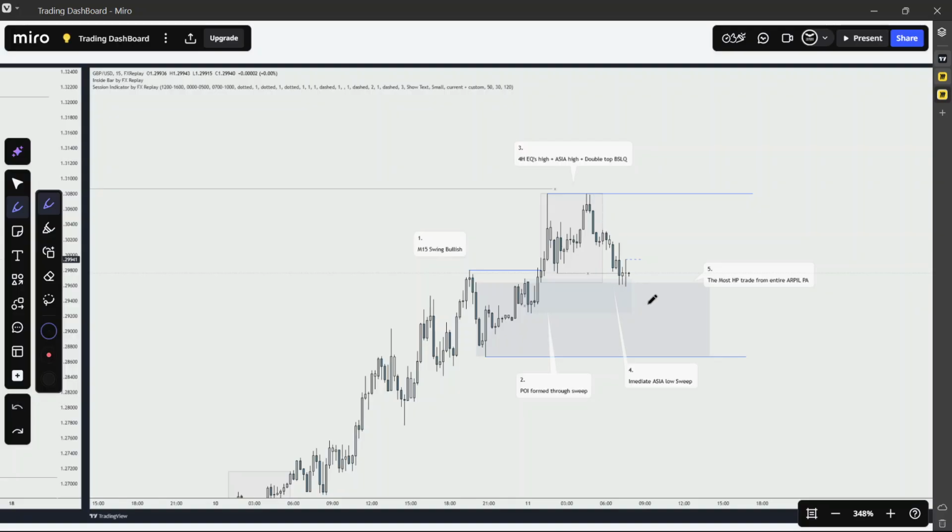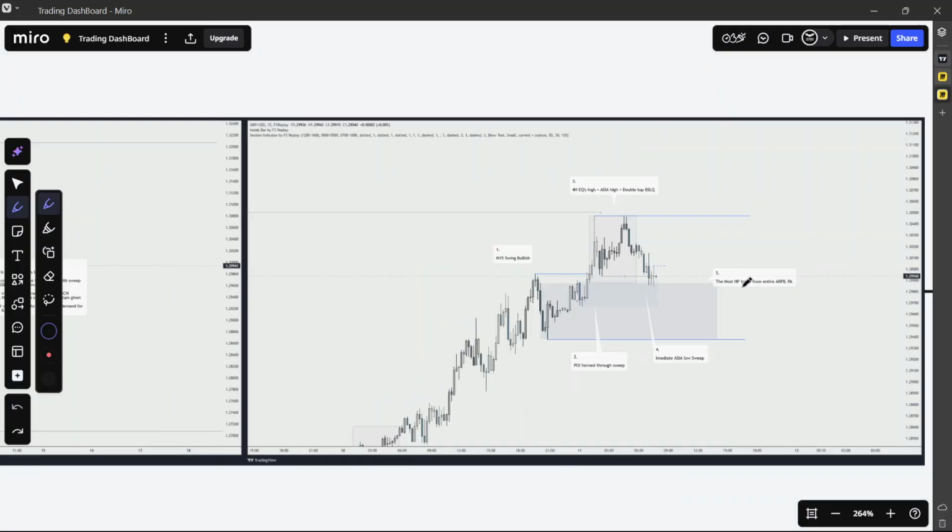So major sell side liquidity to the POI, and we have this 4H equal high, this line you are seeing, stacked with the Asia high, double top buy side liquidity pending. So what more confidence do you want to see to take a trade, right? That was just enough for me, and I did not want to add more onto this.